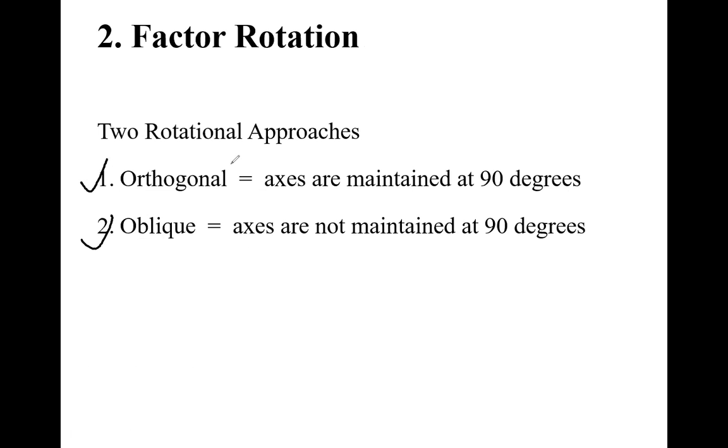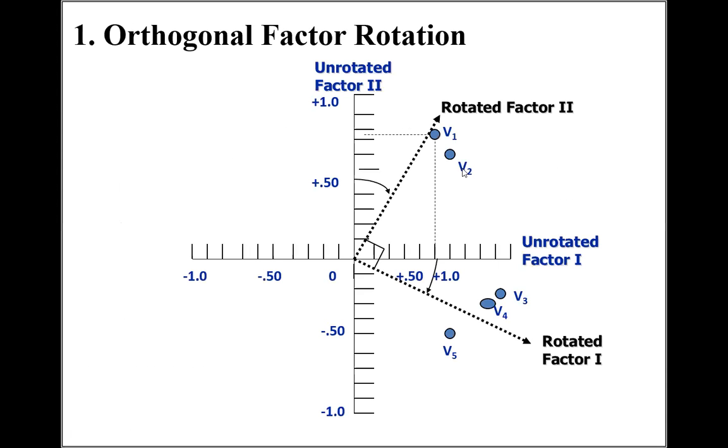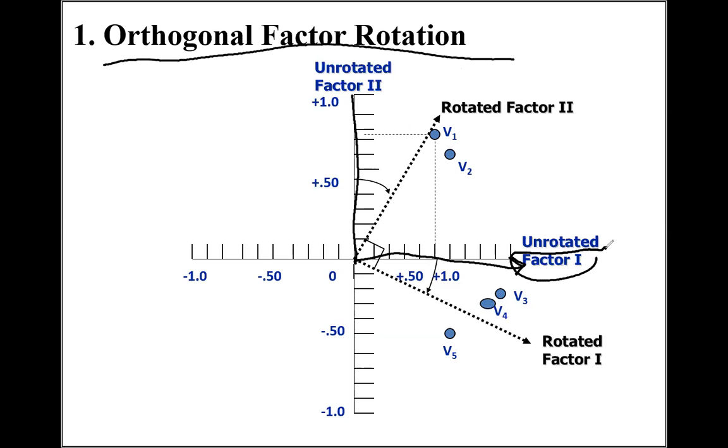So we prefer to take the orthogonal because here the two axes move 90 degrees. How do they move 90 degrees? You can see the factor rotation. What is the meaning of orthogonal factor rotation? What is the purpose? So this is our y-axis, and at 90 degrees you can see here the x-axis. It is factor 1 unrotated, the factor 2.